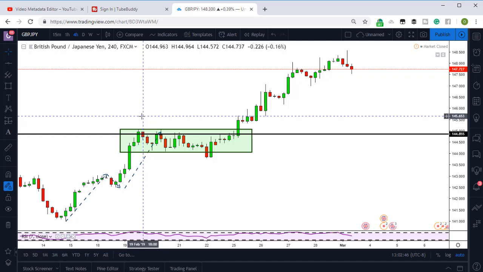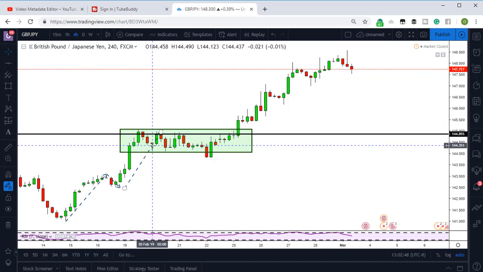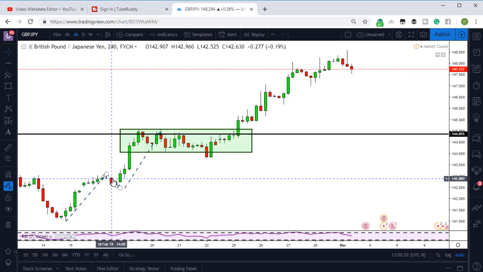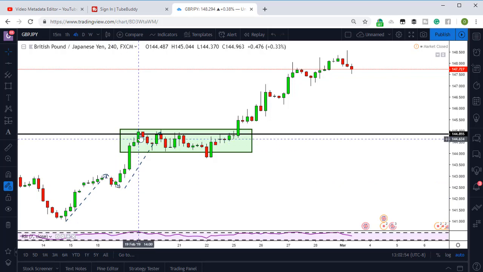Another thing that gives sellers more weight is that a lot of people who have joined this move will be looking to take their profits at this level of structure, because looking left we saw there was a resistance level. But a significant thing that we see is that we had a break above, close above this level of structure.